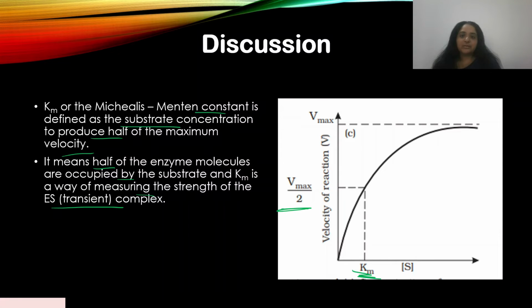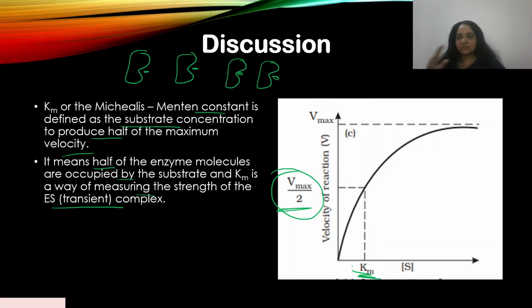Now, I already discussed how these enzymes are present, right? And the substrate occupies the active site of the enzyme, correct? So if we want to see how much substrate occupies the enzyme active site when the velocity reaches half of the maximum, then you have to do a series of experiments where you get different plot points, and you plot the graph here, velocity versus substrate.